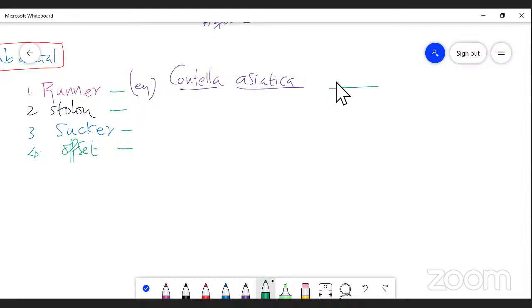Now, this is a plant in which there is a horizontal cylindrical structure called a runner. From that, the stem grows vertically towards light.